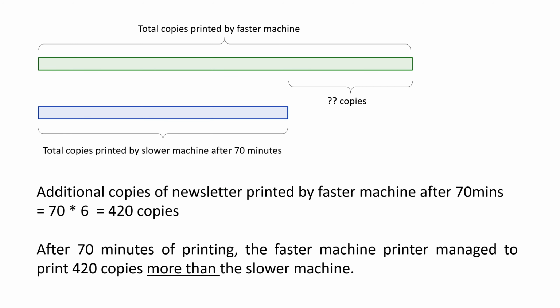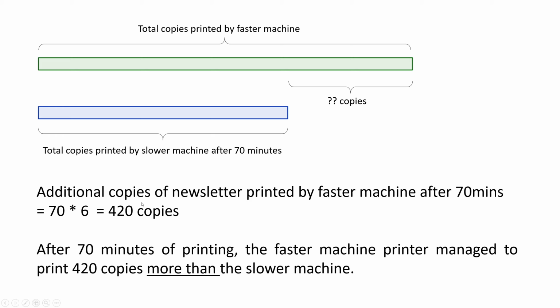If we look at the bar diagram, the green bar above represents the total number of copies printed by the faster machine after 70 minutes, and the blue bar below represents the total copies printed by the slower machine after 70 minutes. The difference would be the additional copies that the faster machine managed to print within the first 70 minutes as compared to the slower machine.